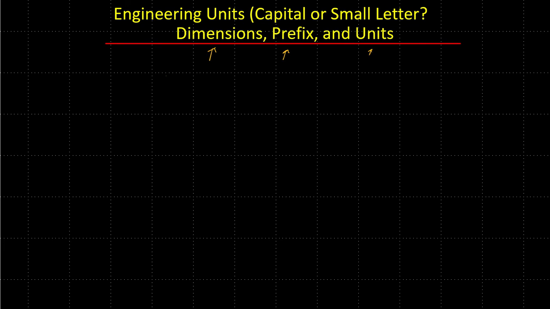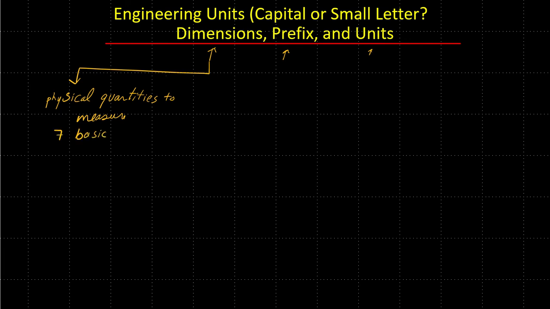So what is dimensions? Dimension is actually a physical quantity you can measure. And we have 7 fundamental or basic quantities that we can measure, right?